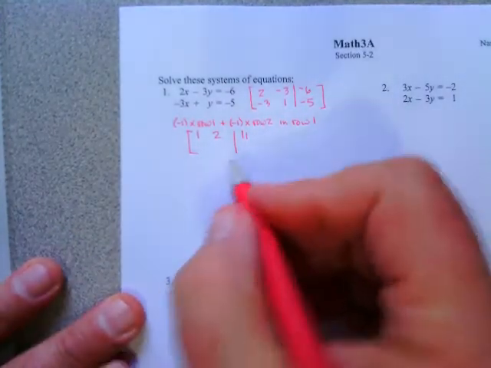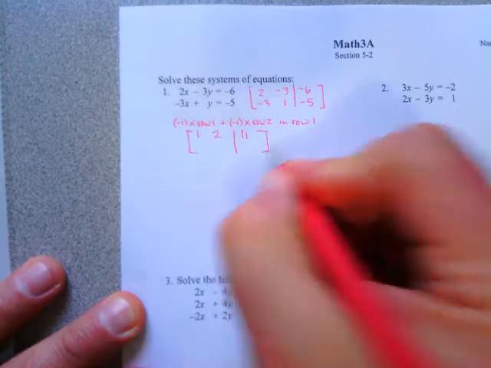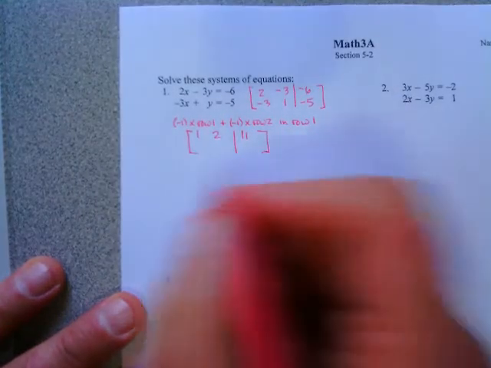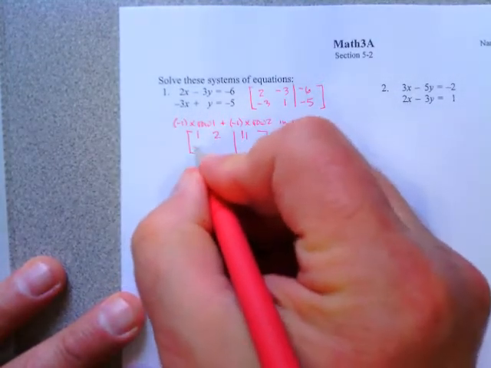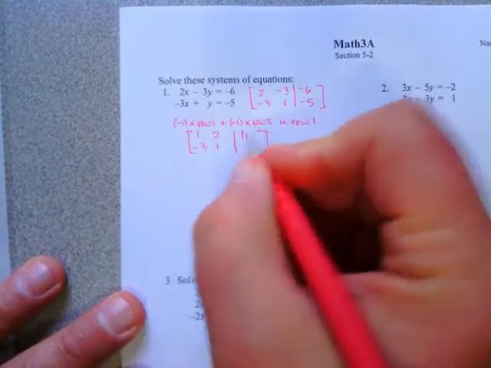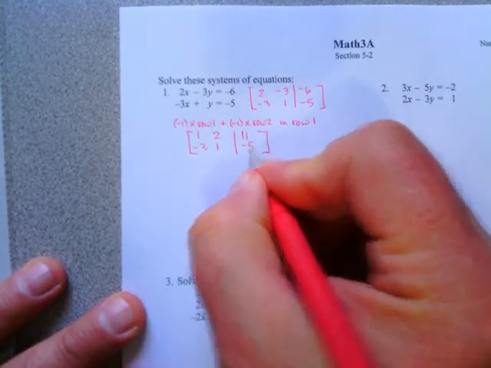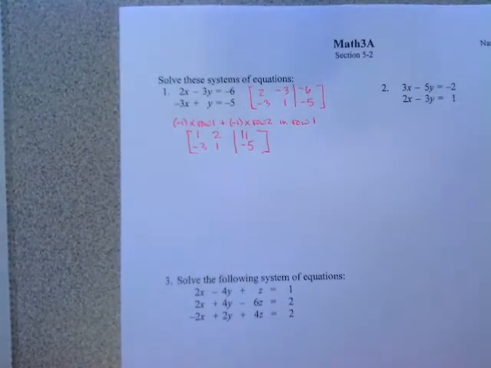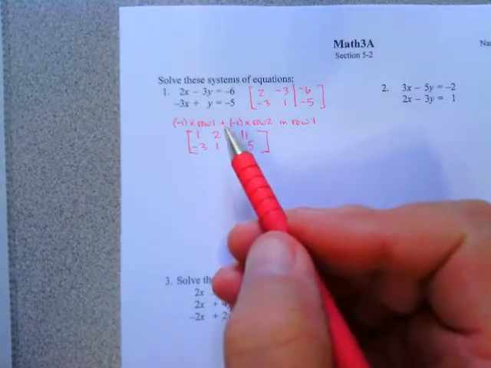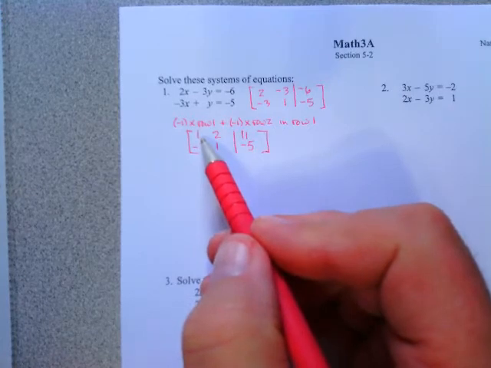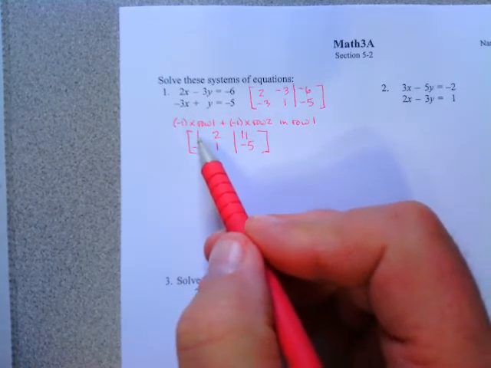Now, that is how I have changed row 1. I didn't do anything to row 2, so it is still -3, 1, and -5. But I have transformed that first one and gotten a 1 there.